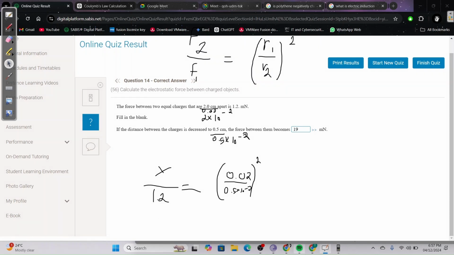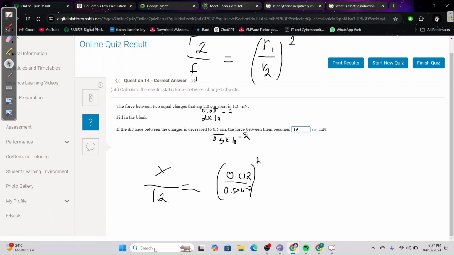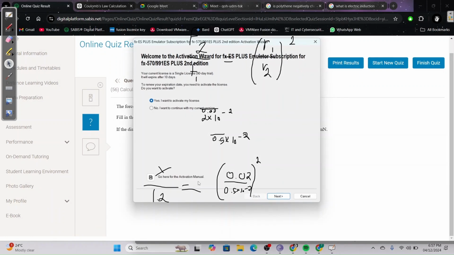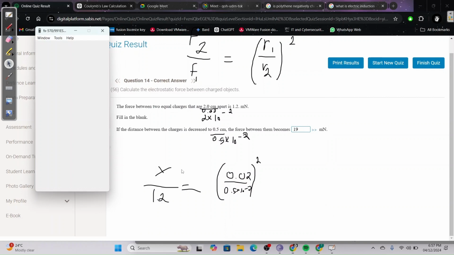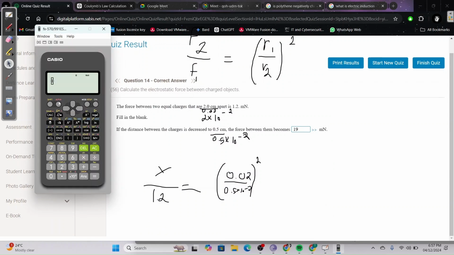So now we do this on a calculator. I'm going to close this because it has been open for a day and it's going to freeze on me. So I want to continue with my conversion. X over 1.2, that's a bracket, X over 1.2 equals, I forgot the bracket here, 0.02 over 0.5 times 10 to the power of negative 2, squared.